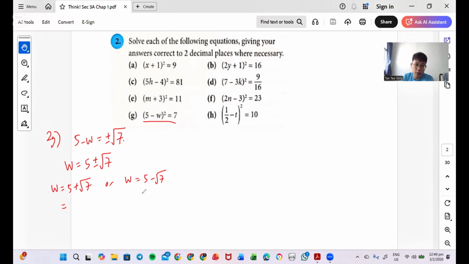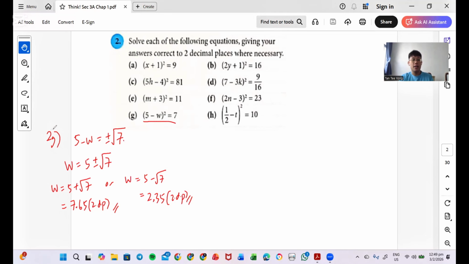Because the question wants us to give our answers in two decimal places, we got to calculate. So the answer for this one is 7.65 2dp. Then for the other one is 2.35 2dp.